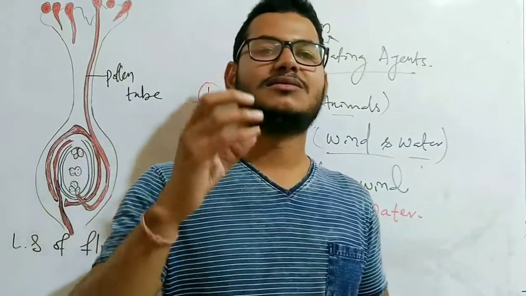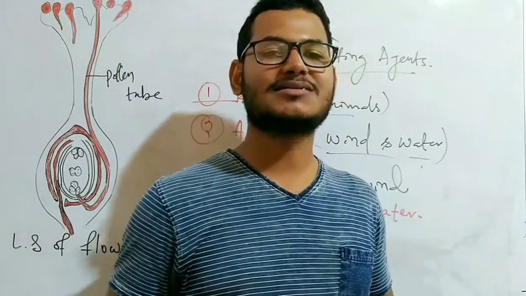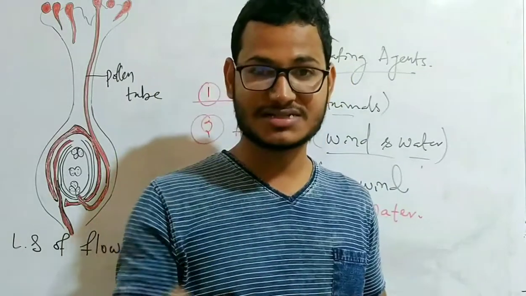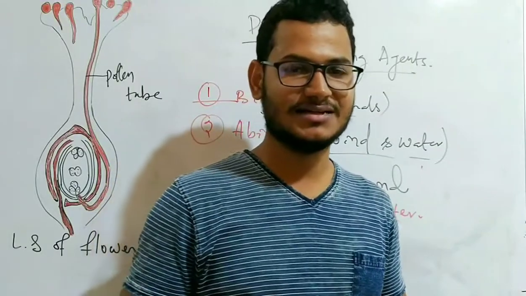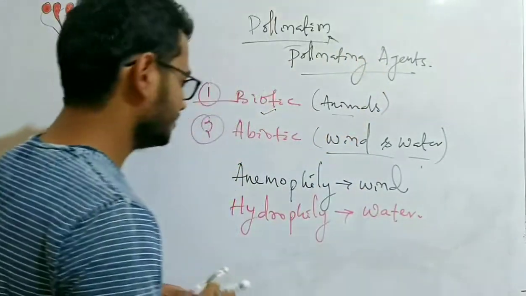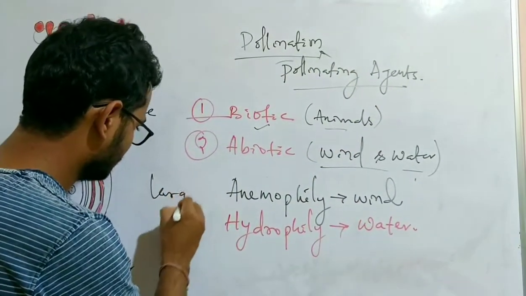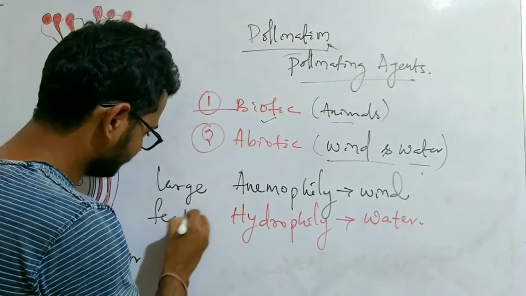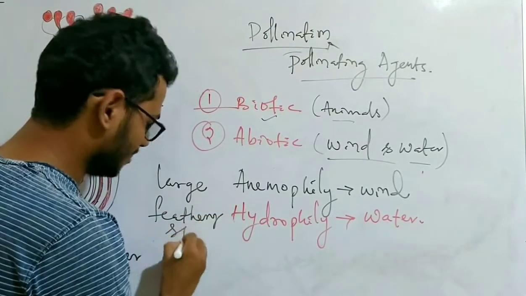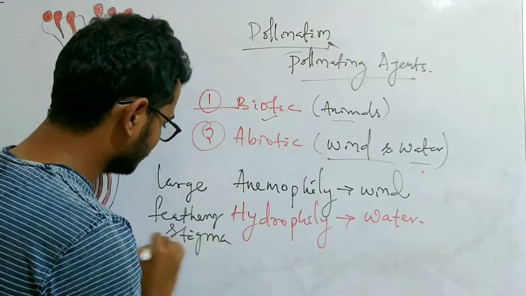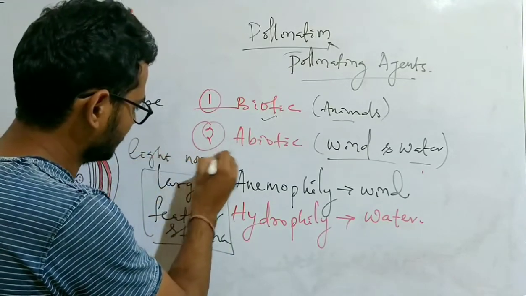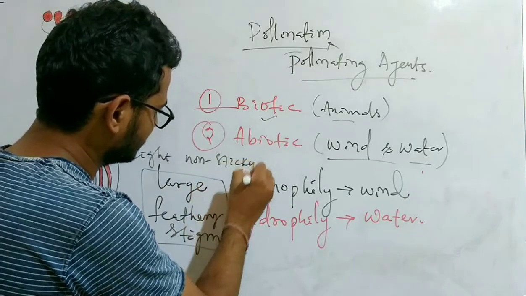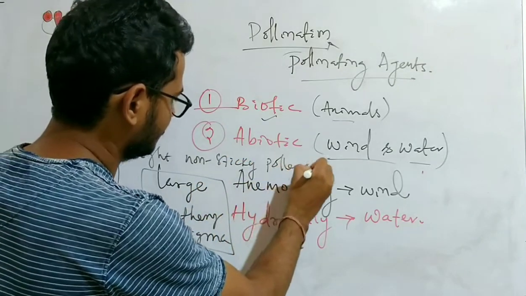Okay, so the pollen grains are very light and non-sticky, whereas the stigma needs to be a large, feathery structure. So large feathery stigma are there, and light non-sticky pollens are there.